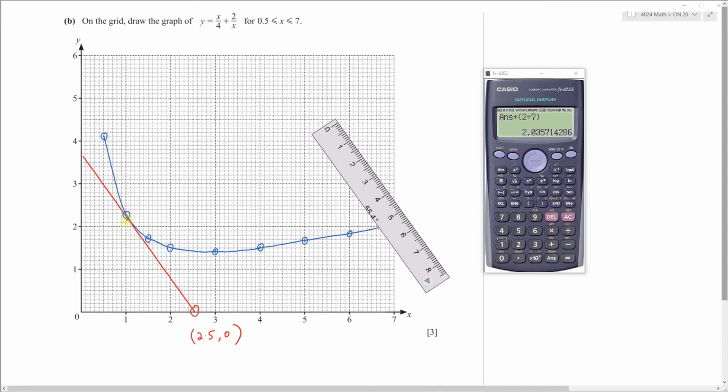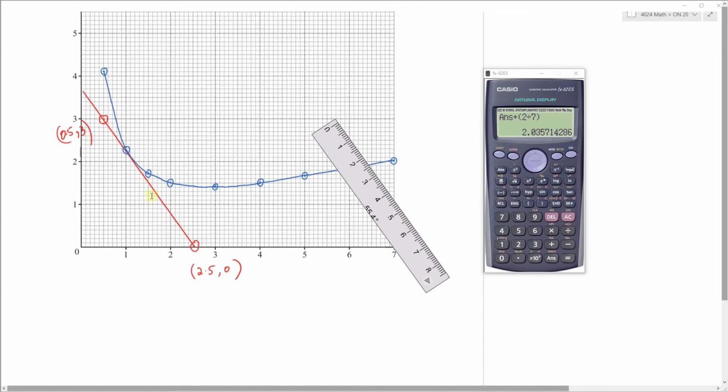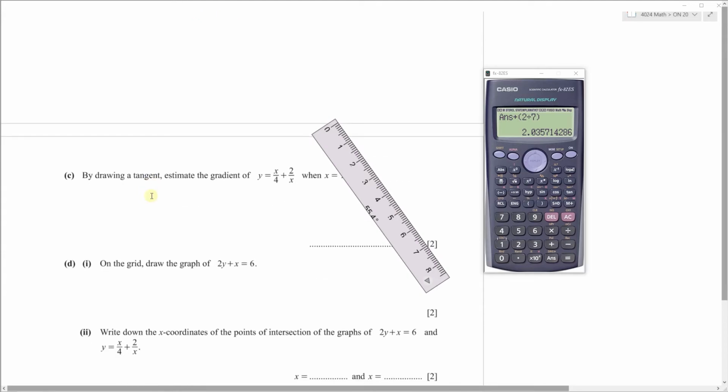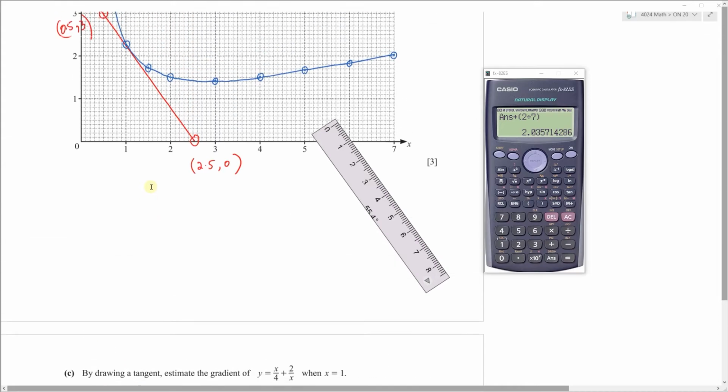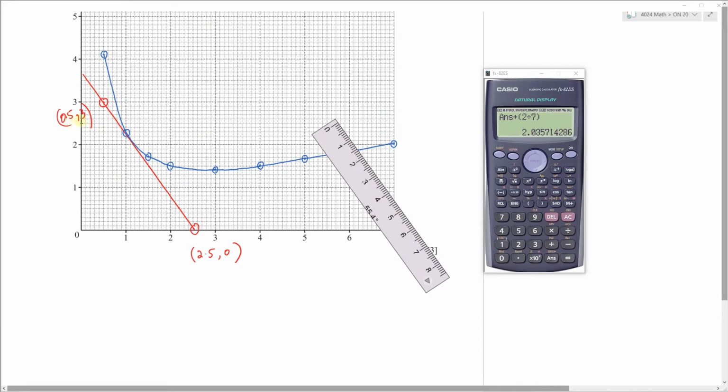And let me take this other point, where x is 0.5 and the y value is almost 3. So let me write down these points: 2.5 and 0, and then 0.5 and 3.